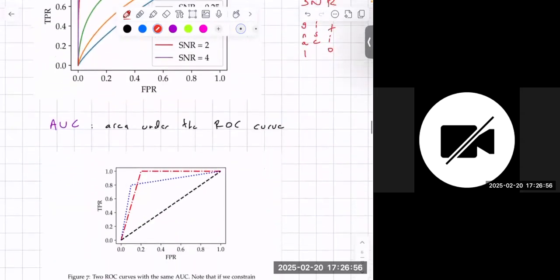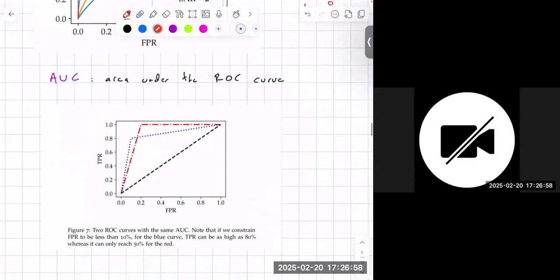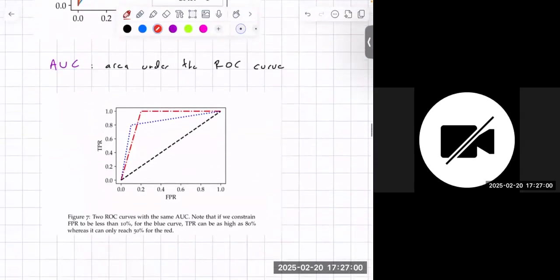But as I tried to convince you, this area under the curve is not always a great measure of success. So if it is used as the only metric, be careful. All right. Yes. Yeah, it's right here.